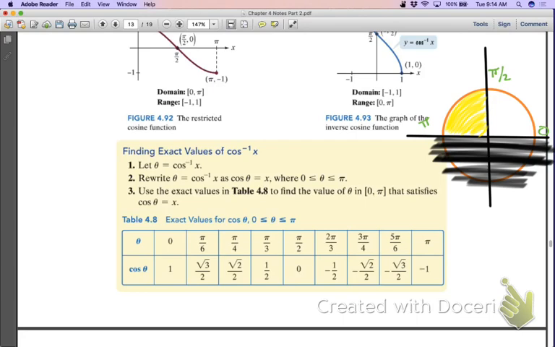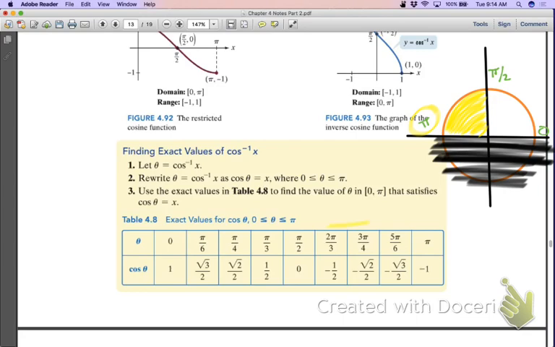If you are dealing with anything on that left half, it's really up to you. I would still use the hand trick to figure out, is it 1/2? Is it the square root of 2 over 2? Is it the square root of 3 over 2? What you want to do to figure out where you're at is basically take your reference angle and take pi.